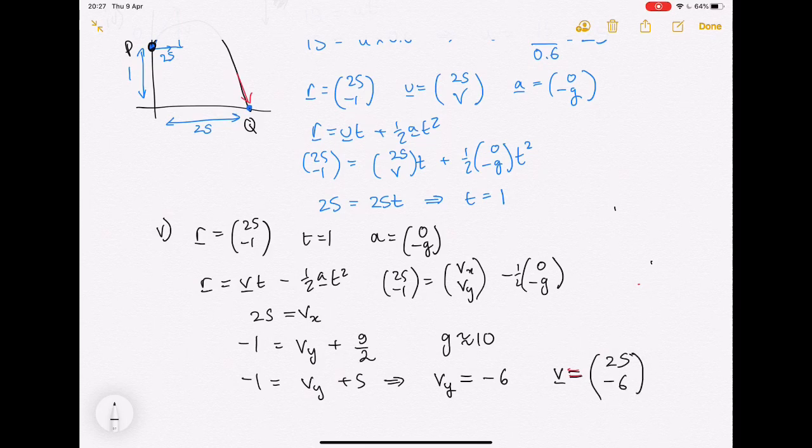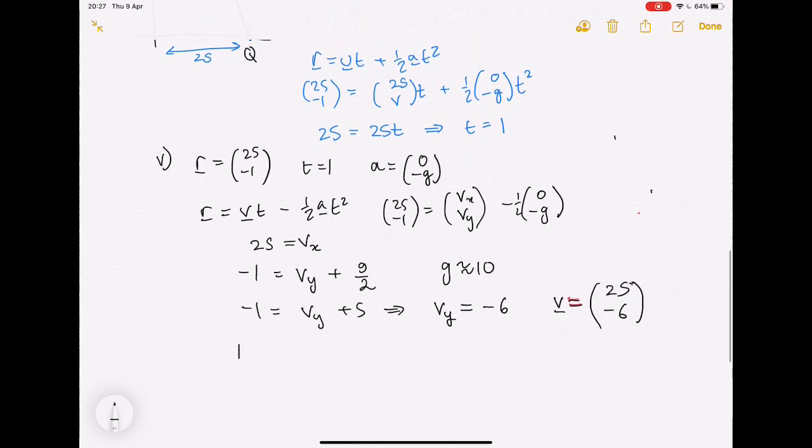But actually we're not asked for the vector, we're asked for the speed, so we need to find the modulus of v. Well, the modulus of v is just the square root of 25 squared plus minus 6 squared. Well, actually that ends up being approximately 25.7 meters per second.